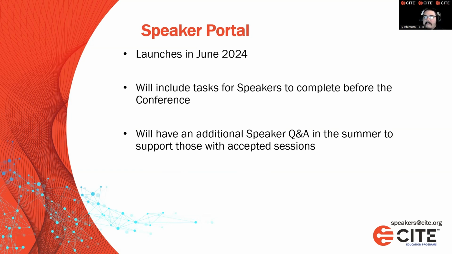And during the summer, we're going to have another Q&A to support the accepted sessions, as well as help with speaker portal navigation and understanding what tasks need to be done before we can implement the session. Because if you submit a session in March and it gets accepted and no action is done, we need some things to be done before we can put it in the conference itself. So please pay attention to the speaker portal. We'll make sure to send out mass emails once it's actually up.